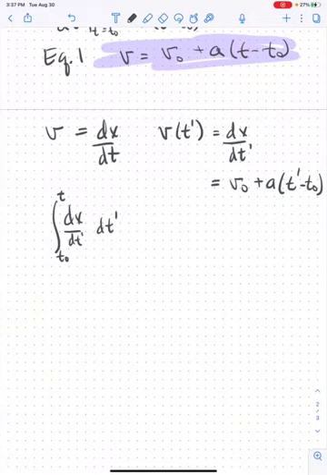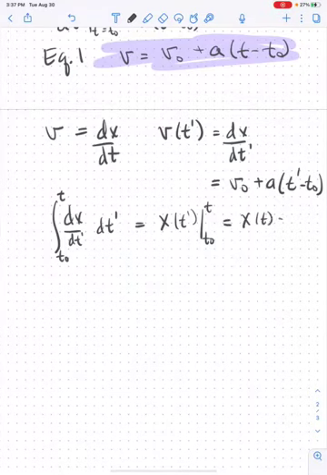And this is going to give us, we do this two ways. First, by the fundamental theorem of calculus. And so then we get x of t prime evaluated from t naught to t, which is just x of t minus x of t naught.